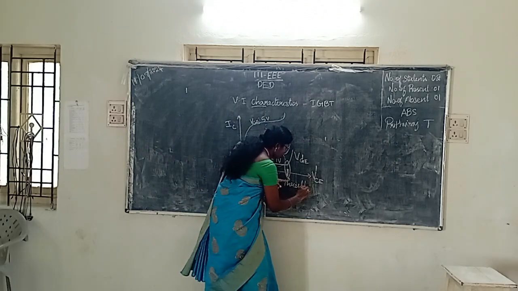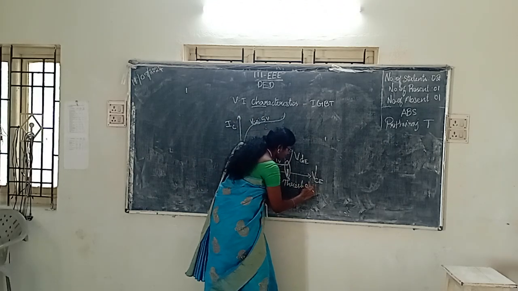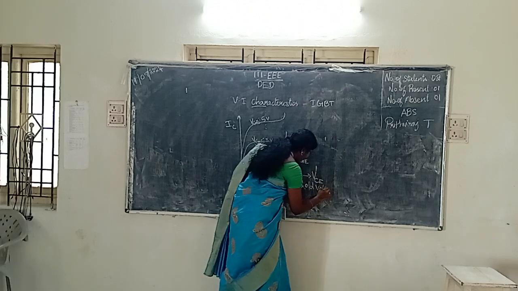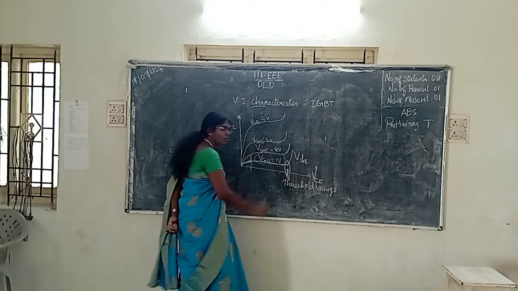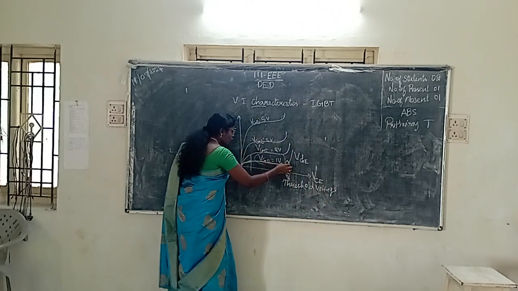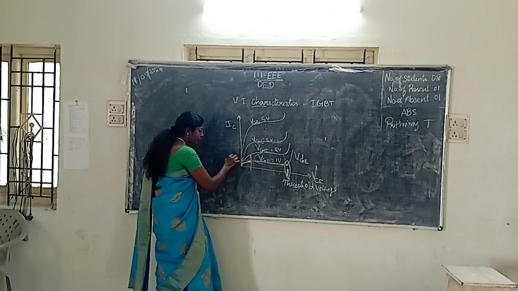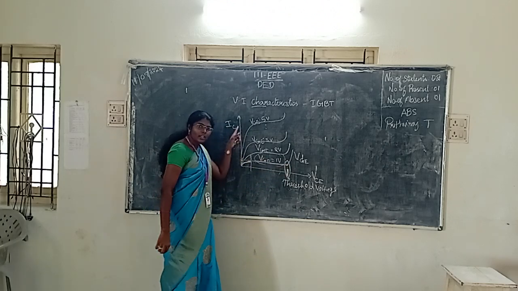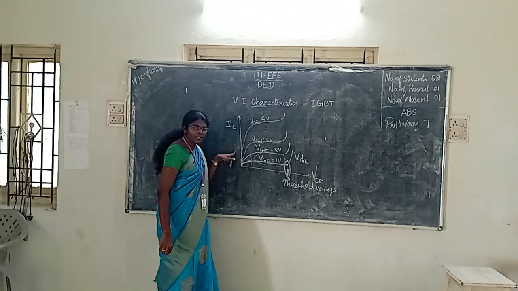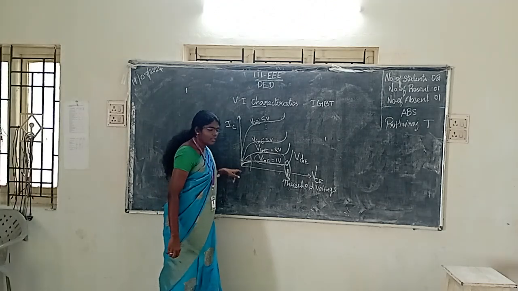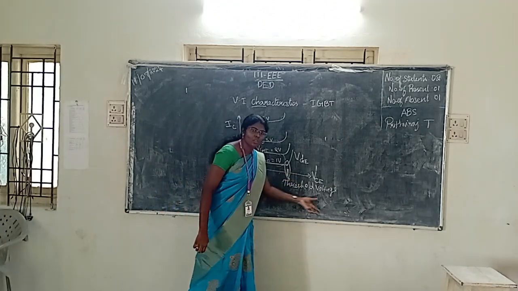This is the threshold voltage. With respect to current, this is the threshold current on this axis. On the voltage axis, it is said to be the threshold.